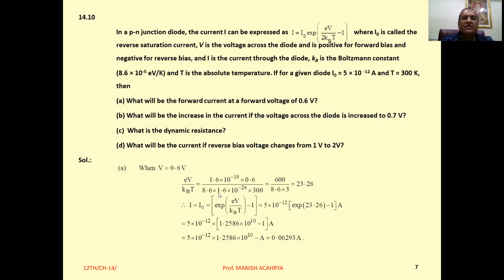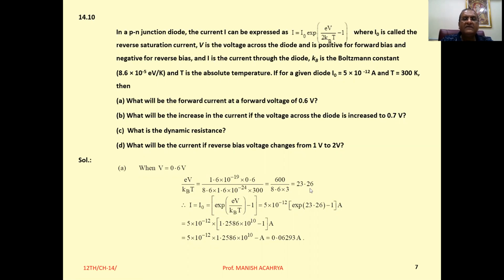See, that is given to you in terms of eV upon K, so we have to convert it in joule per Kelvin. So we have to multiply it by 1.6 into 10 raised to minus 19, that 10 raised to minus 19 and 10 raised to minus 4. So directly we can write that as 10 raised to minus 24. Temperature, that is 300.